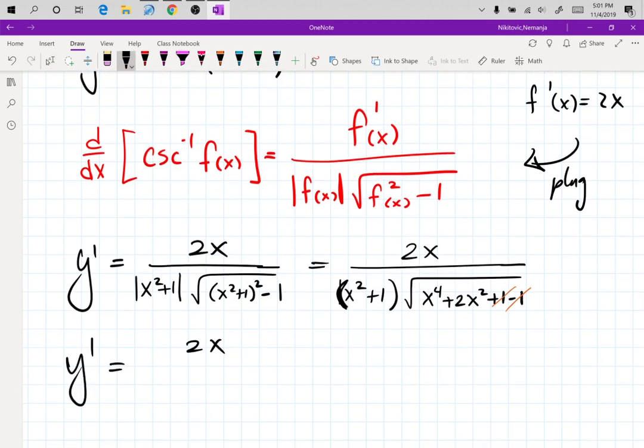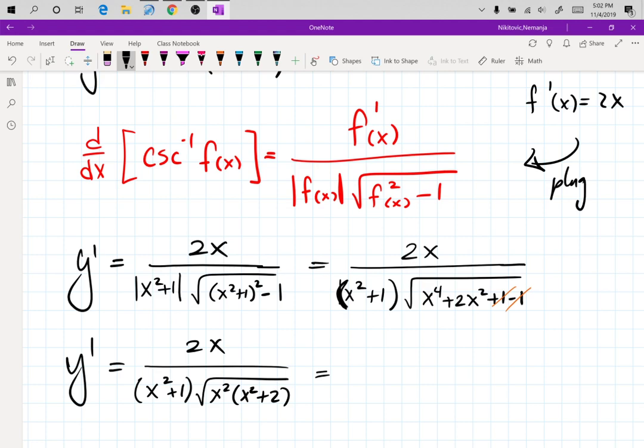So our y prime derivative is equal to, now I have my x squared plus 1. And I can factor x squared, which gives me x squared plus 2.